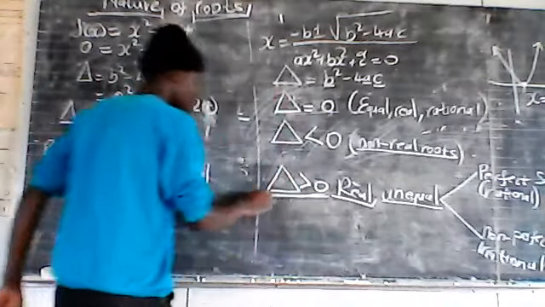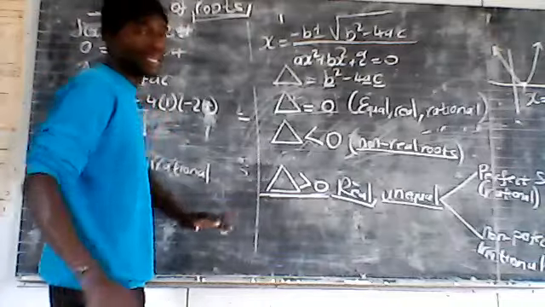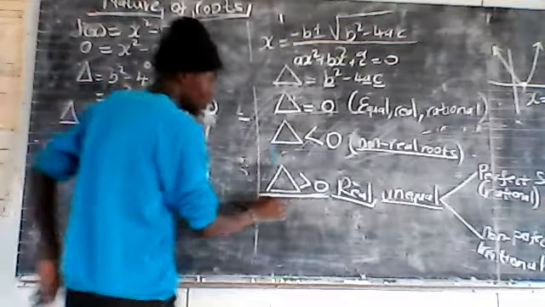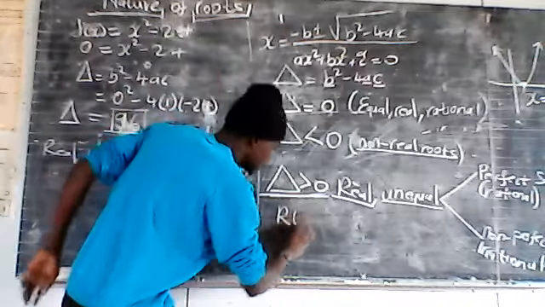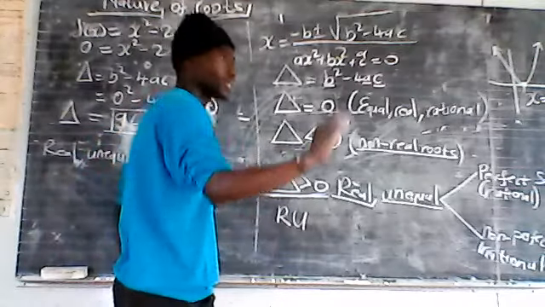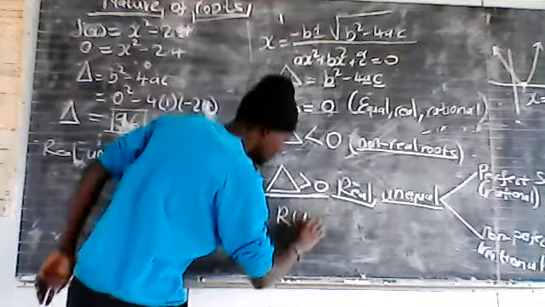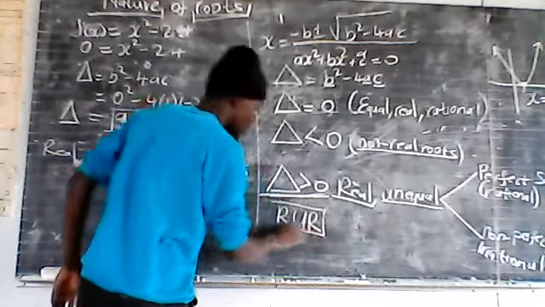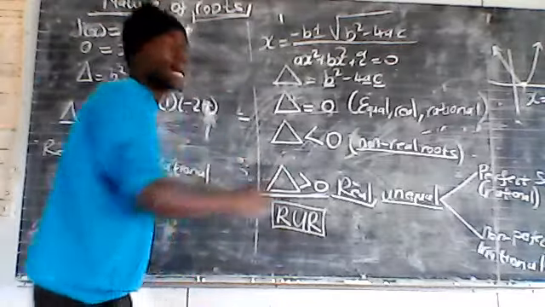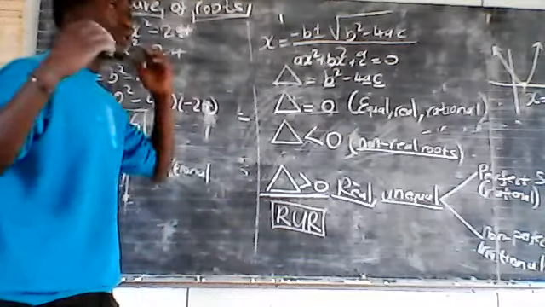Coming to the mnemonics, I want us to know the mnemonics for when delta is greater than 0 and we are dealing with a perfect square: we have real roots, unequal roots, and rational roots. I don't know how we are going to pronounce that, but it's R-U-R. You can put it in your mind.